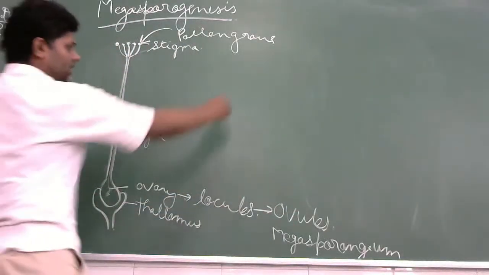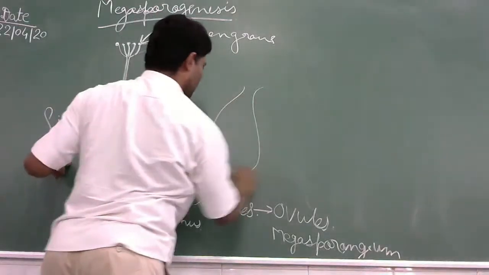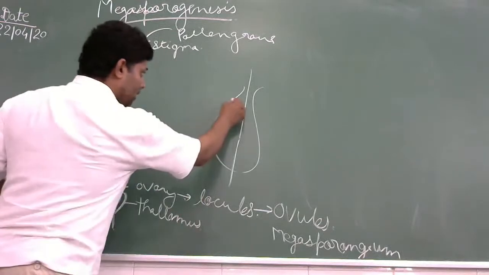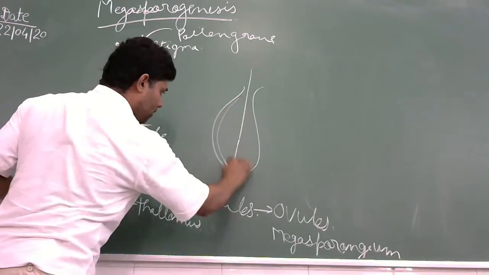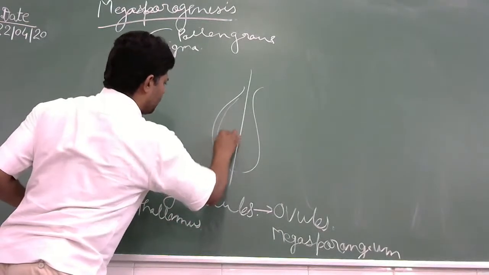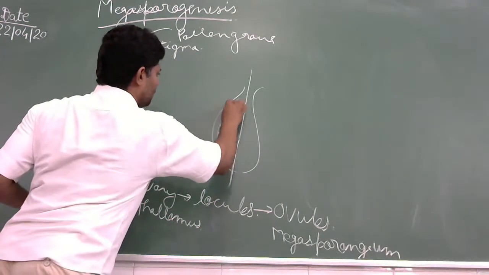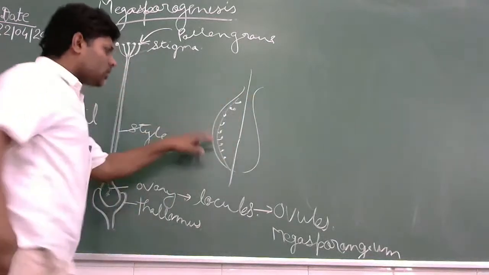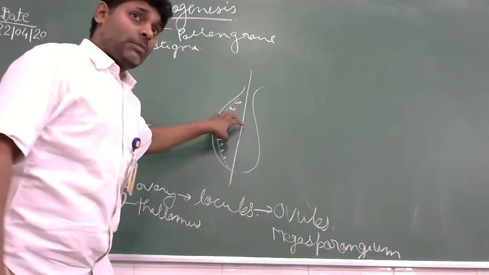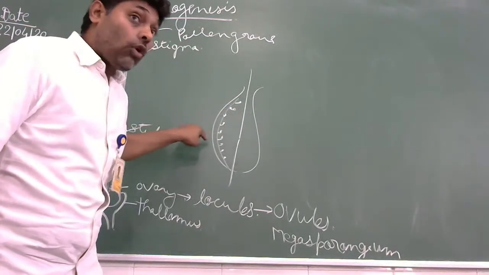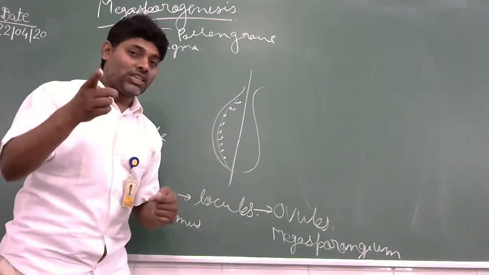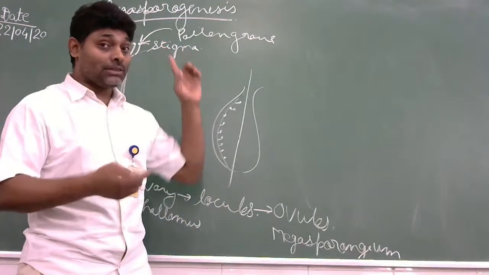Suppose we dissect the ovary, okay? What do we find? There are different regions, and ovules are arranged on those portions like this. So the ovules are arranged in different fascinating manners, and this arrangement of ovules we have studied in class 11th as placentation. Do you remember in class 11th?